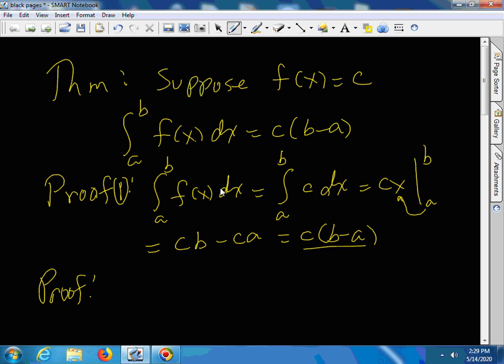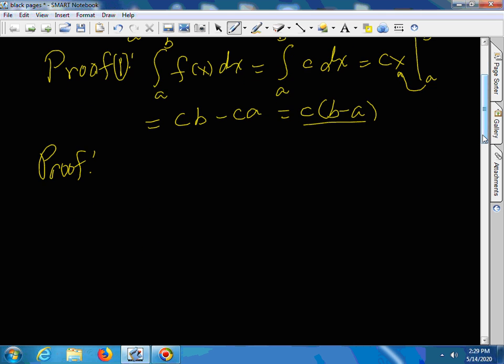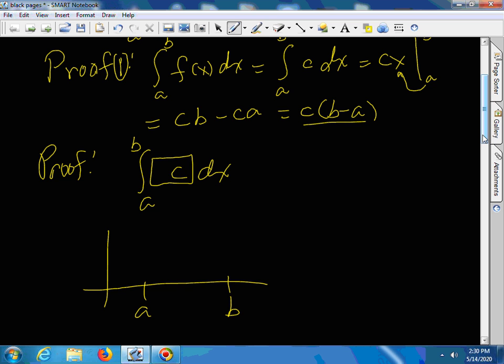Now, proof 2. What does the integral of c dx from a to b mean? Well, it's the area under the curve of the function from a to b. Now, the function is always c.